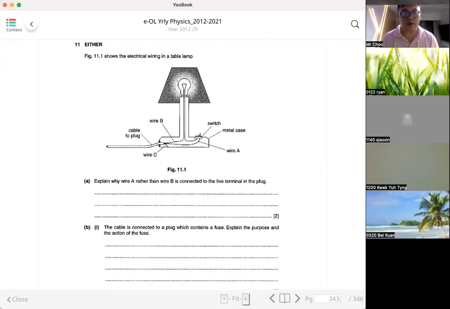Can you try again for part A? Okay, Yi Ting, your B part 1, I'll give you the marks. Well done. Your B part 1, I'll give you 3 marks.